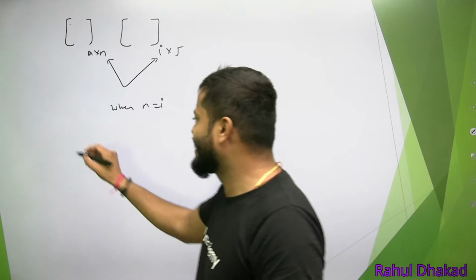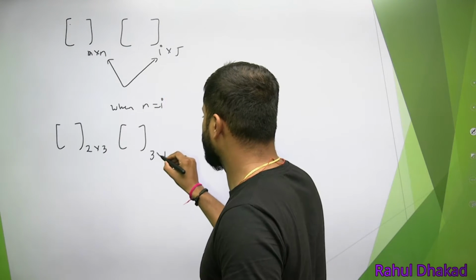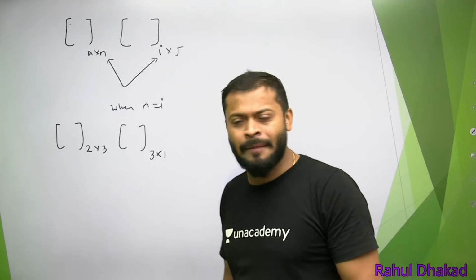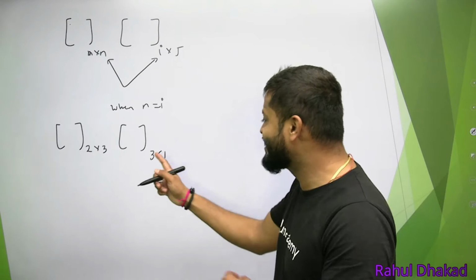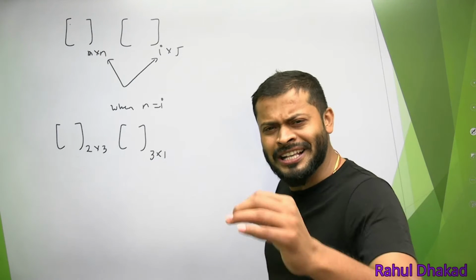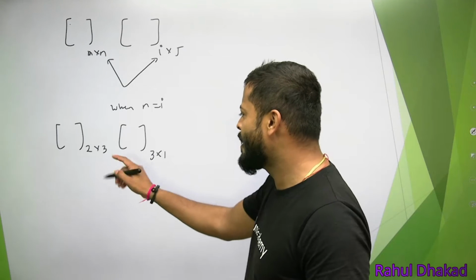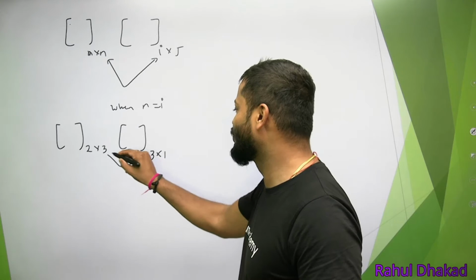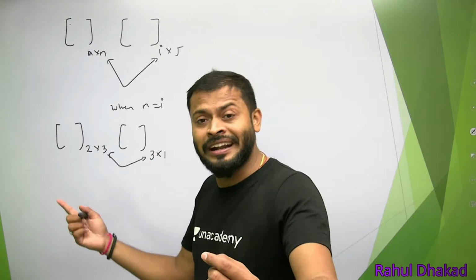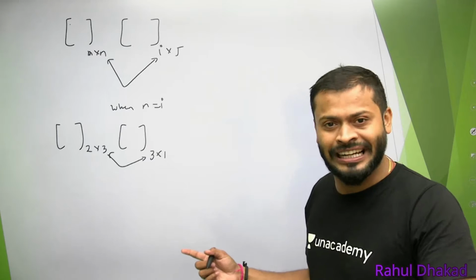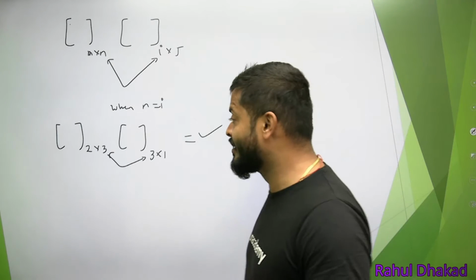Let us give an example. In this case, you know that it is 2 cross 3 and it is 3 cross 1. So is multiplication of these two matrices possible? Yes. Why? Because see, these two things are equal. It means the number of columns of the first matrix is equal to the number of rows of the second matrix. So yes, its multiplication is very much possible, right?